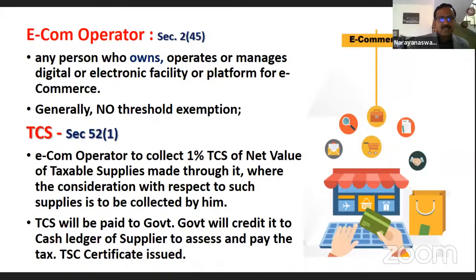So as per the TCS provisions, the e-com operator, whatever he has deducted as 1%, is required to pay to the government and file the returns. And from the government, automatically this amount will be credited to the seller's cash ledger, so that when he pays, he uses the same amount and discharges his liabilities.